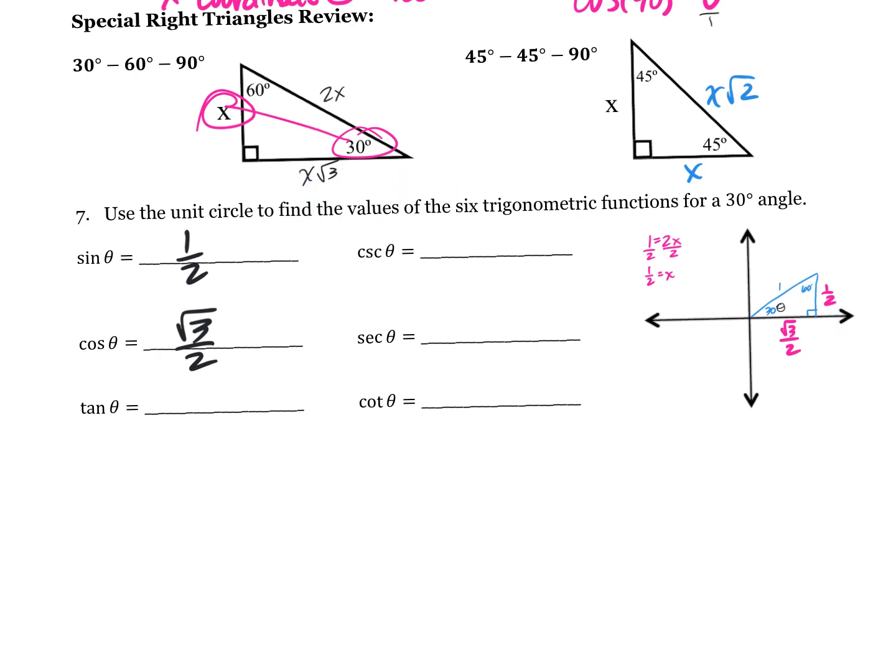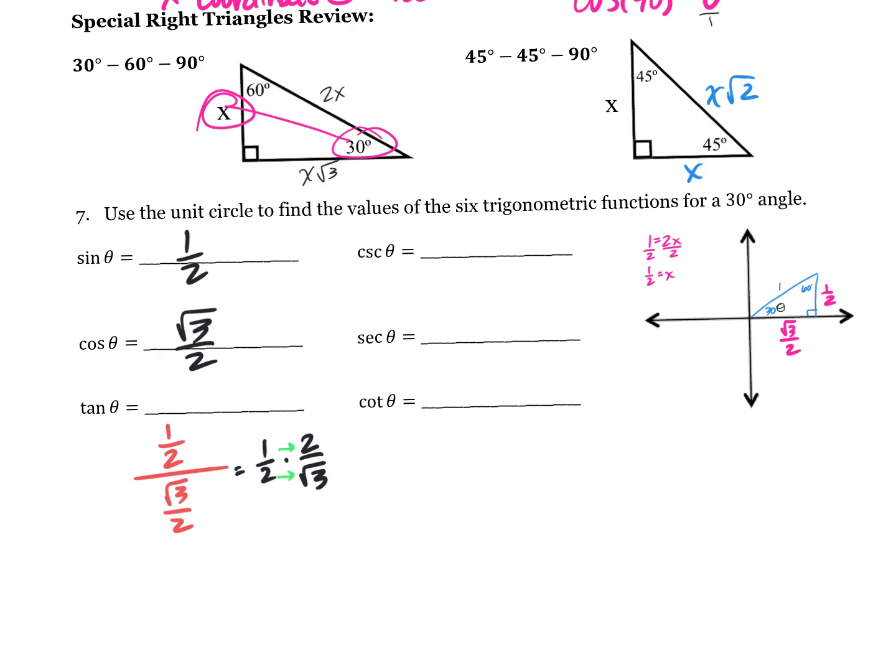Yep, good call. How do I get tangent? SOHCAHTOA, opposite over adjacent. This looks nutty, right? Check out this nice shortcut. Opposite would be 1/2. Adjacent would be root 3 over 2. Gross. What is 1/2 divided by root 3 over 2 the same as? 1/2 times 2 over root 3.